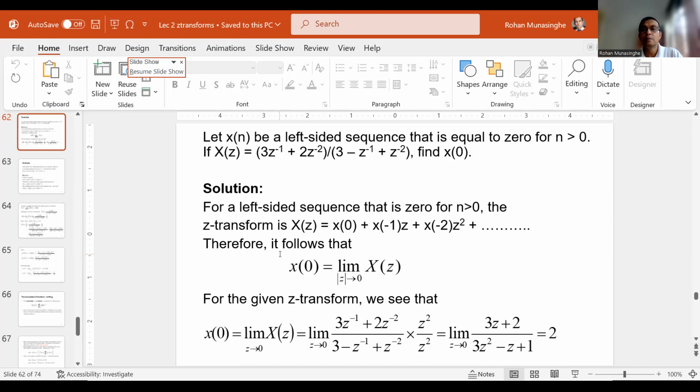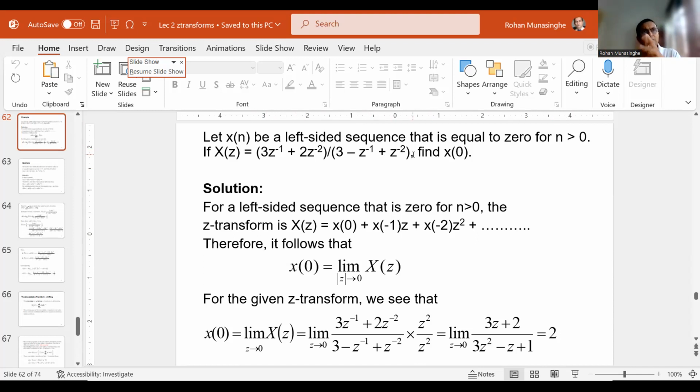All right. So the signal is equal to 0 for n greater than 0. All right. And n means timestamp 1, 2, 3, and so on, right? And you are given the z-transform as here: 3z^-1 + 2z^-2 over 3 - z^-1 + z^-2.